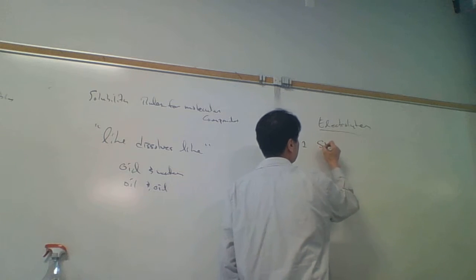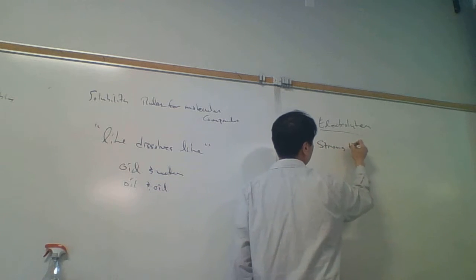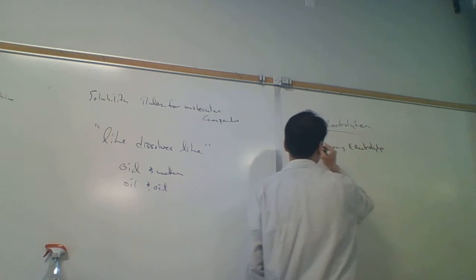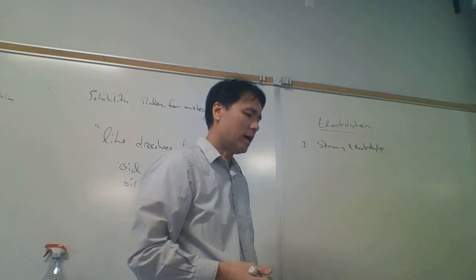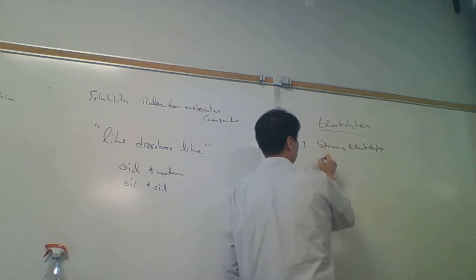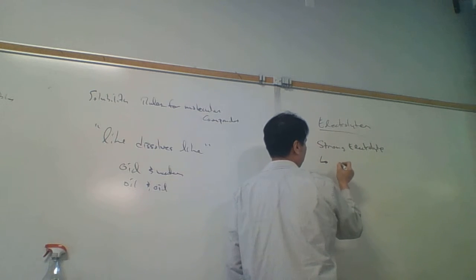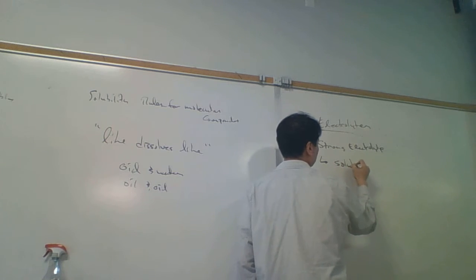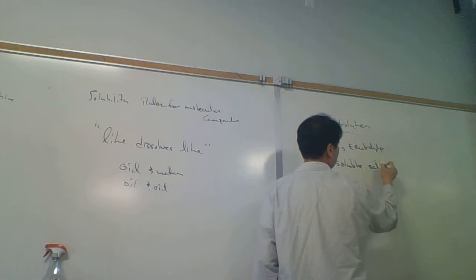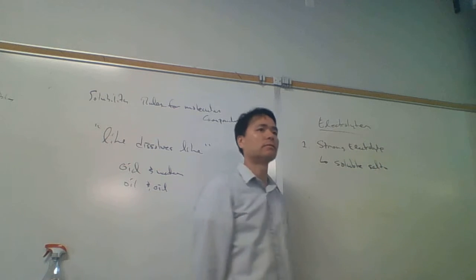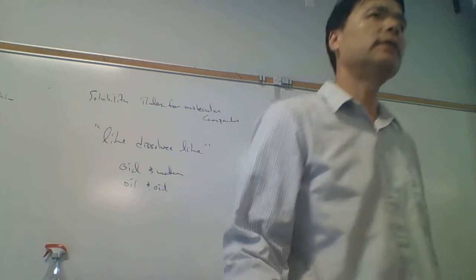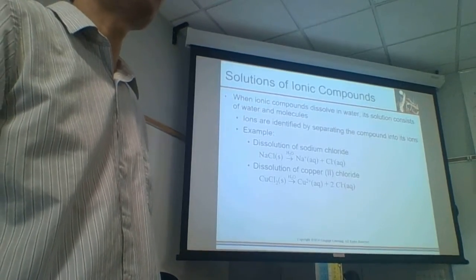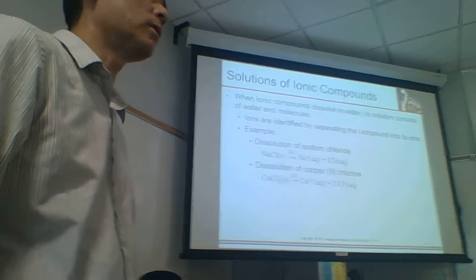One, we first determine if it's a strong electrolyte. Strong electrolytes, there are 3 of them. 1, is it a soluble salt? All soluble salts are strong electrolytes. So sodium chloride, is it a soluble salt? Yes, therefore it's a strong electrolyte, therefore it's going to break apart completely.